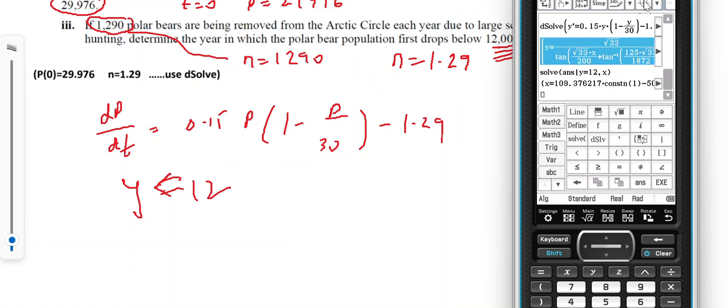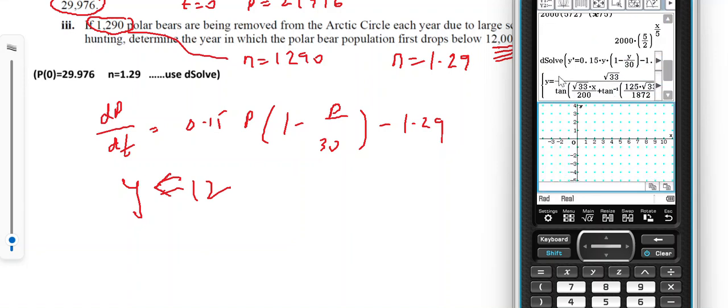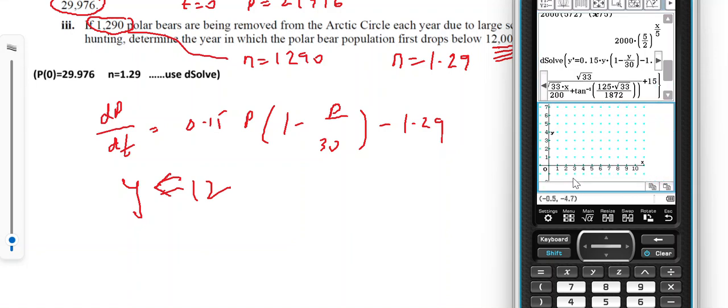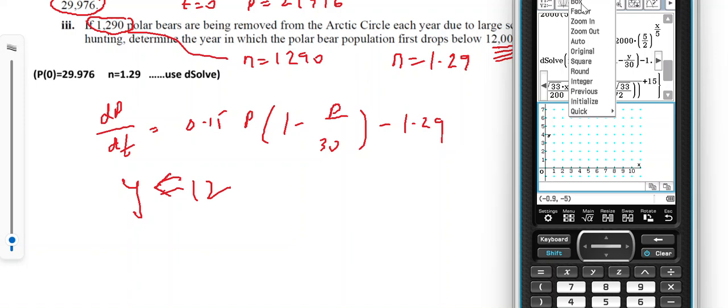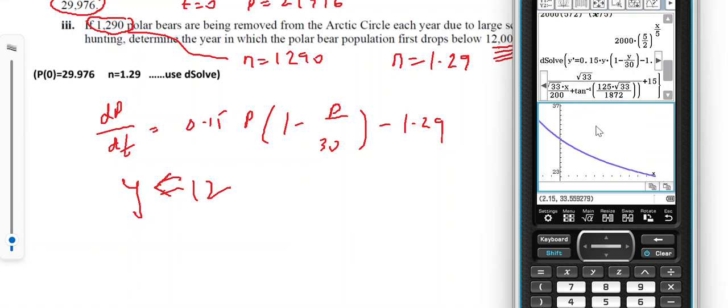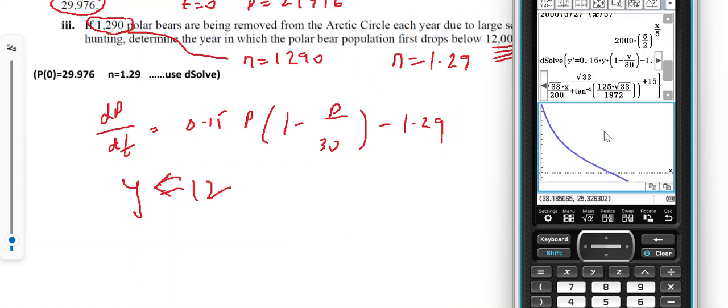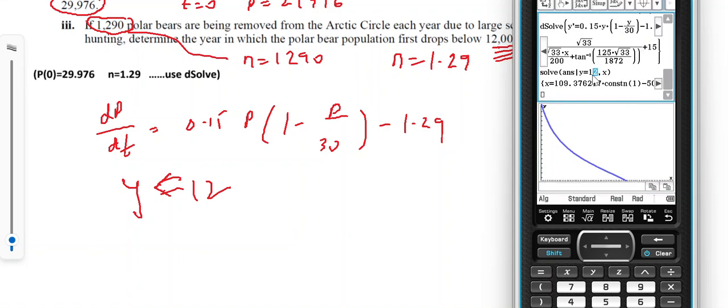So what I might do is I might graph this. I'll take the y equals and zoom auto. And I'm looking for the first time that it equals 12. So I need to go out to say 80. And I'm looking for the number 12. There it is there.